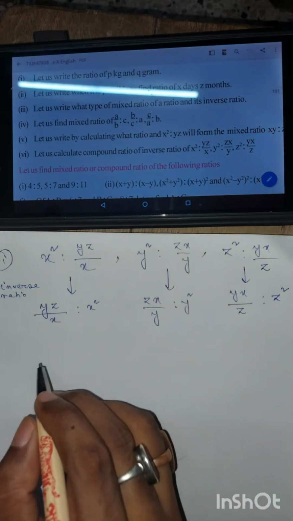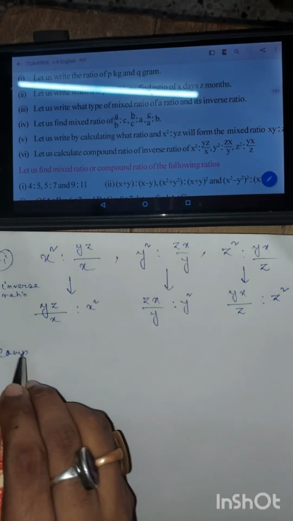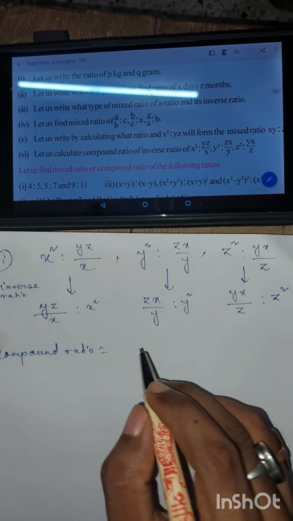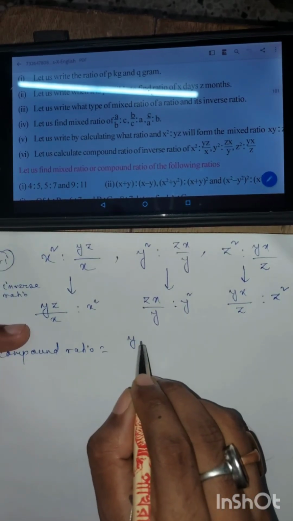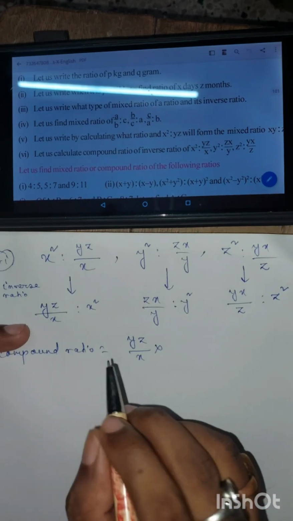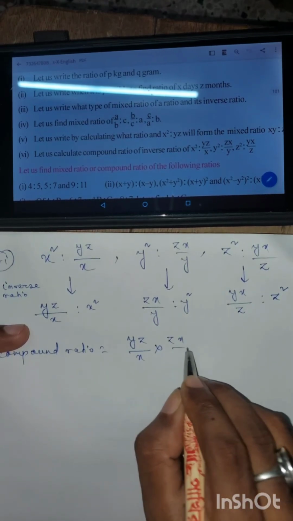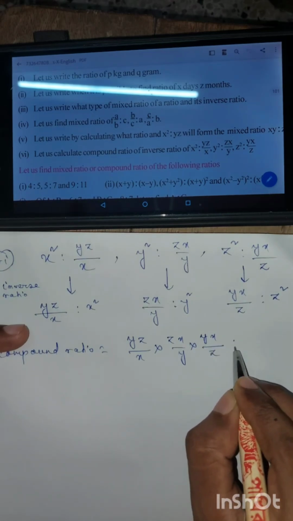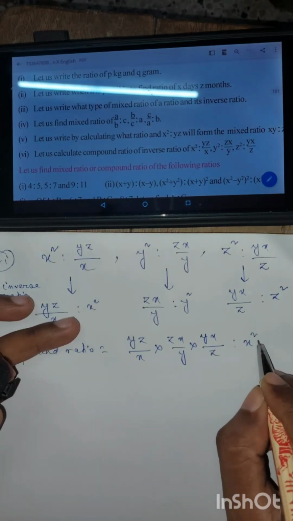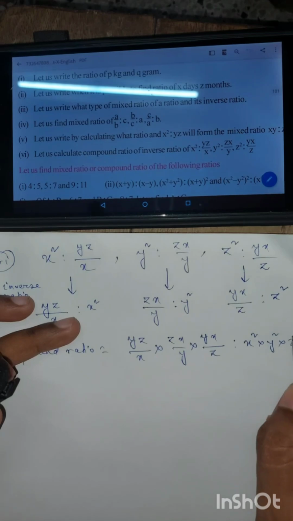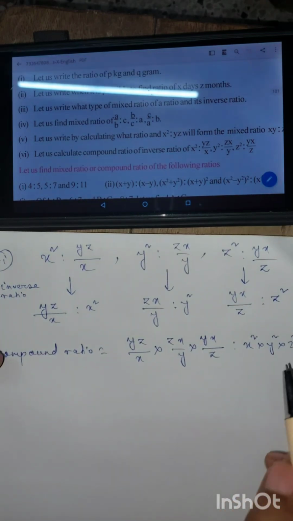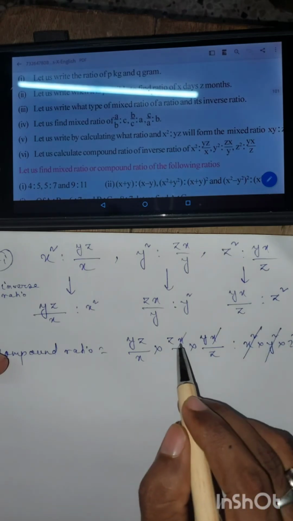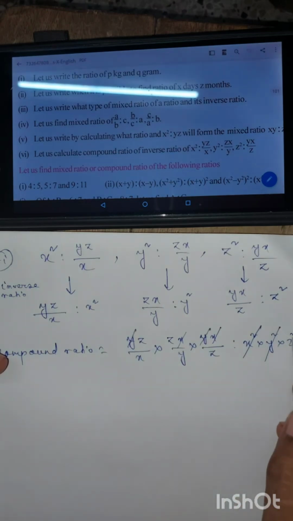Now the compound ratio is, now x square is cancelled, y square is cancelled, z square is cancelled.